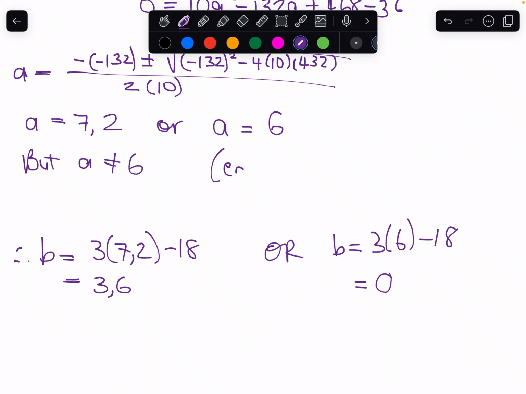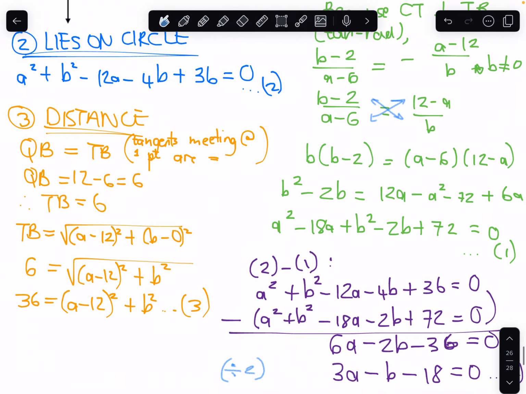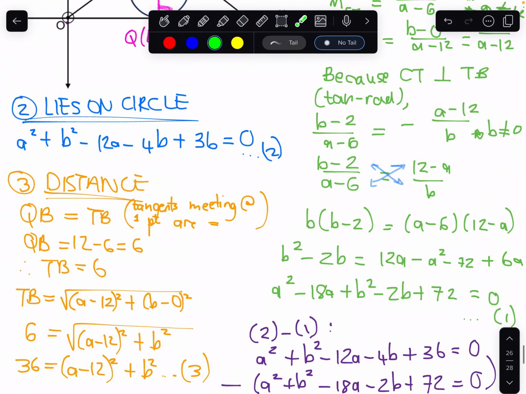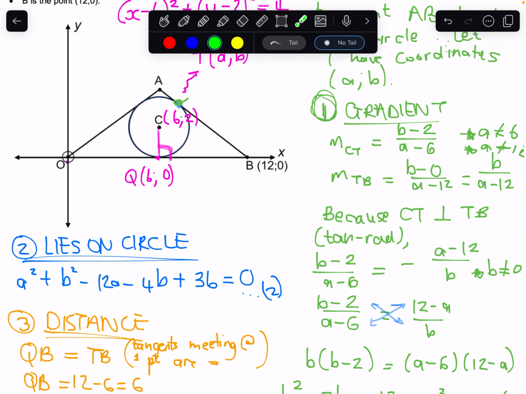Right, and that's from an earlier restriction that we put in. Right, but even if, let's say, you hadn't thought to indicate these restrictions, like me, you would have worked out that the two possibilities are 7.2 and whatever we found, and 6 and 0.